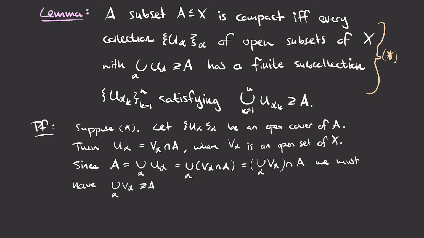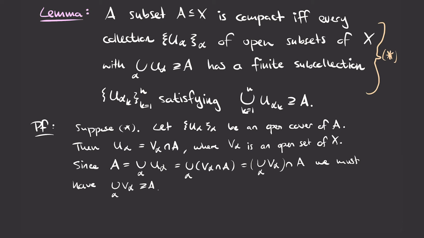Then we wrote these U alphas as intersections of V alphas, where V alpha are open subsets of X with our original space A. And now we've shown that the fact that these U alpha cover A means that this union of the V alphas has to contain the space A.